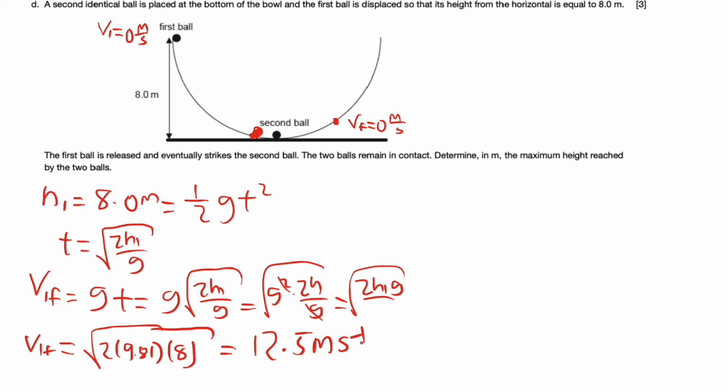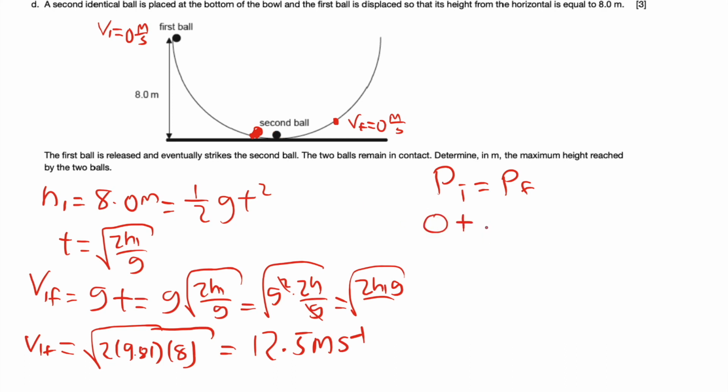Now you can use conservation of momentum to solve the problem. The initial momentum must be equal to the final momentum, and the system will be the two balls. Initially the second ball is at rest, so we have a momentum of 0.